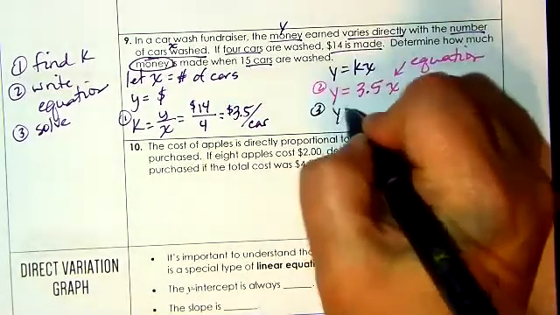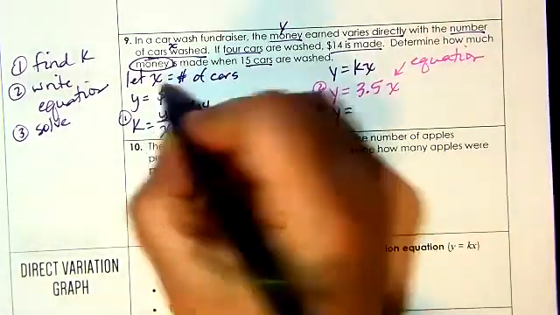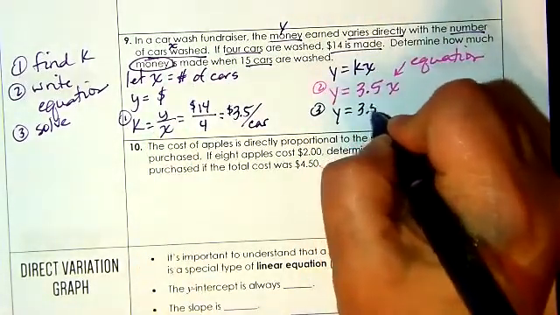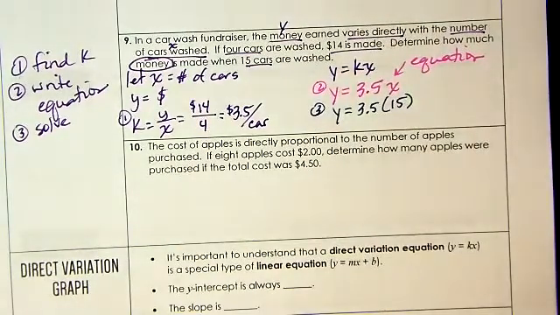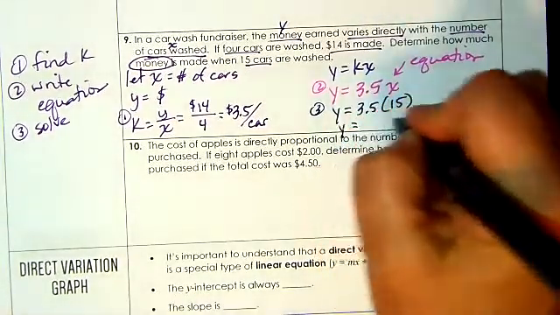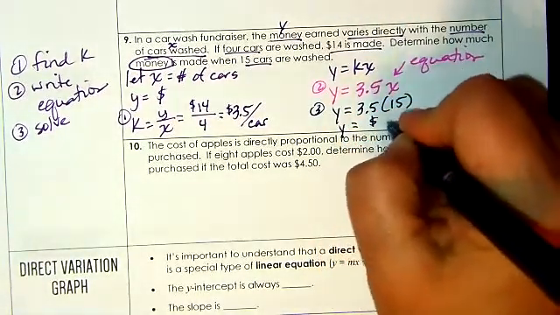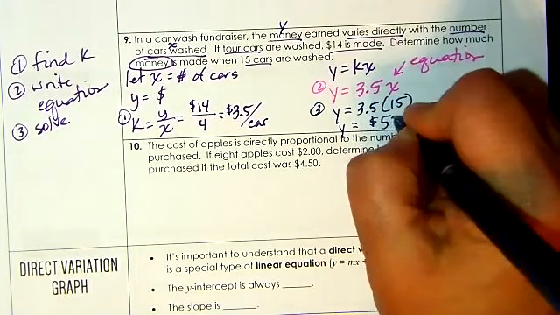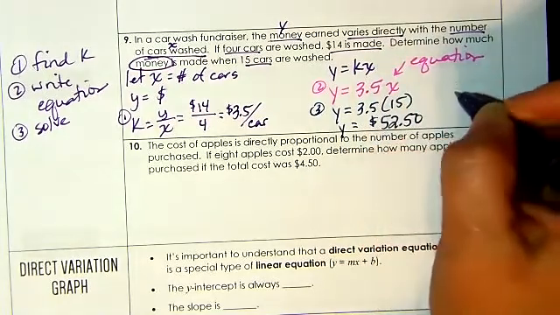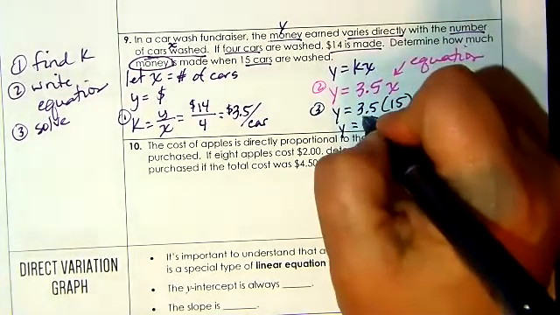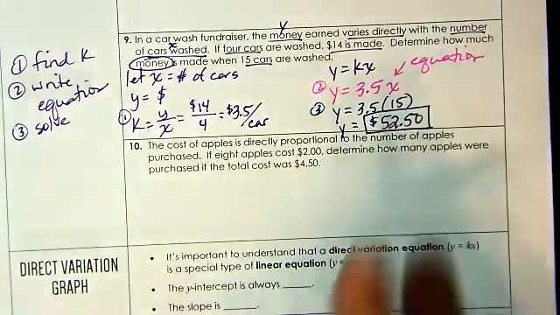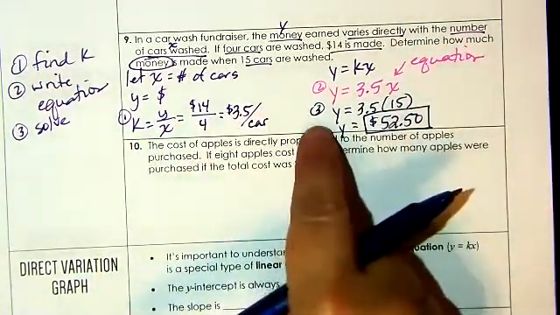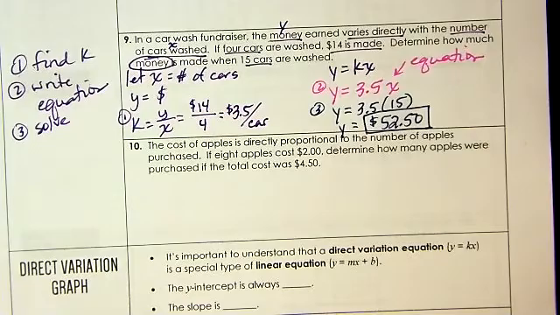So we're going to have y equals, because remember x represents the number of cars, y equals 3.5 times 15, which gives me the y value of that cost is going to be $52.50. There's my final answer, but you have to have all of these steps in there for working that problem.